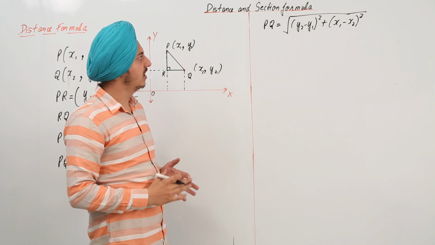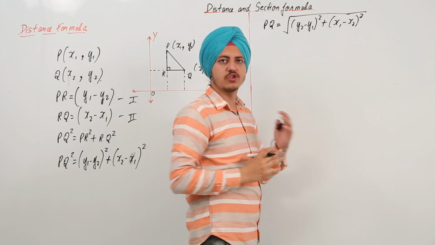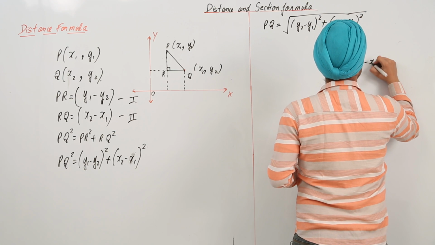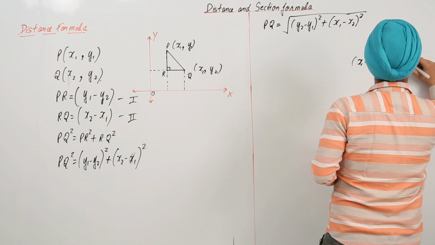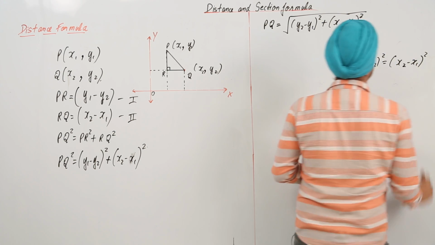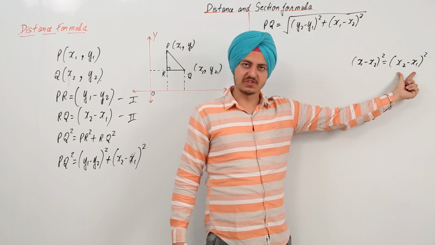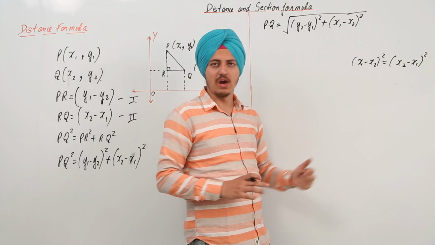So (x1 minus x2) whole square is always equal to (x2 minus x1) whole square, because these two would always differ in a negative sign, right? And that negative sign would always be made positive by the square.